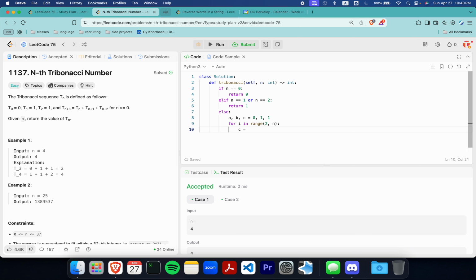So that means that c is going to be the summation of all of the three previous values essentially. We can do an example here too, where if we had T sub 4, T sub 4 is just equal to T sub 1 plus T sub 2 plus T sub 3.